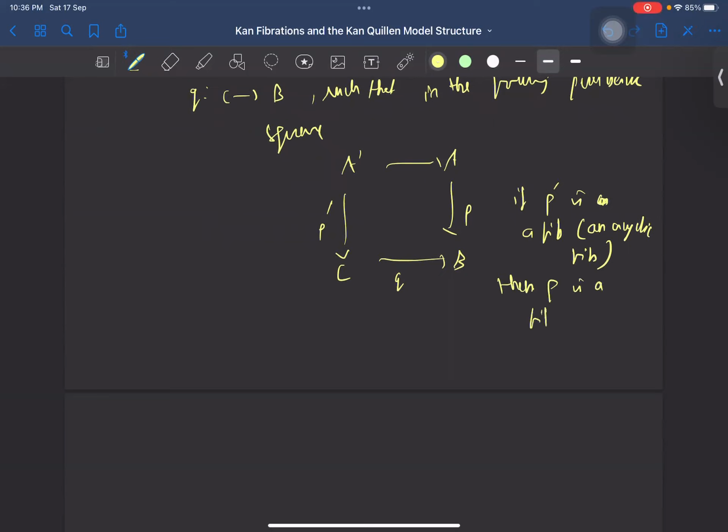It's also a fibration or an acyclic fibration. I won't give a proof for this. It's not that difficult.